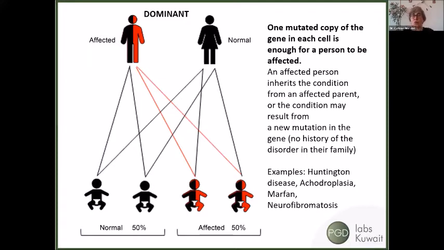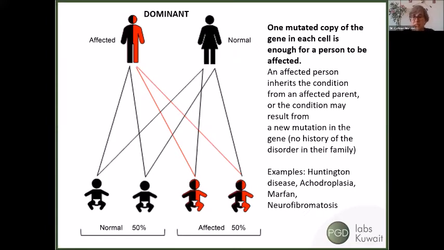Usually, this person inherits the condition from an affected parent. Or, as I explained before, this mutation can appear de novo, as a new mutation in this individual. Examples of these diseases are achondroplasia or Huntington disease.